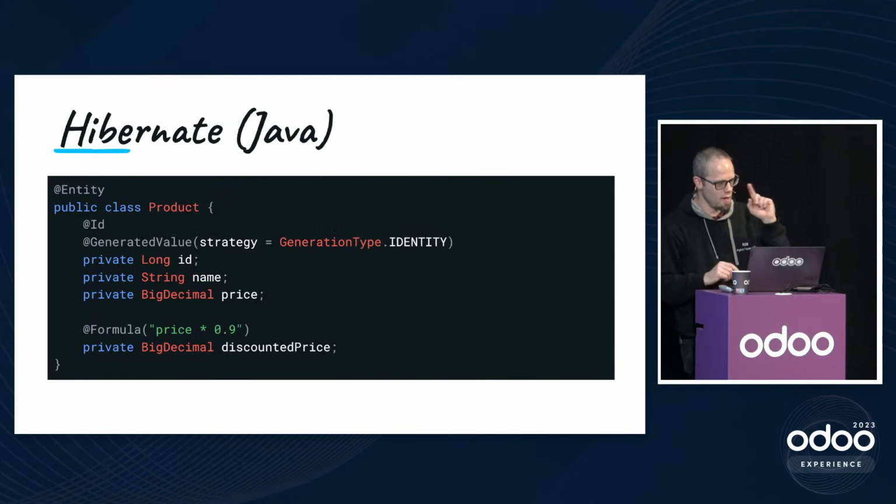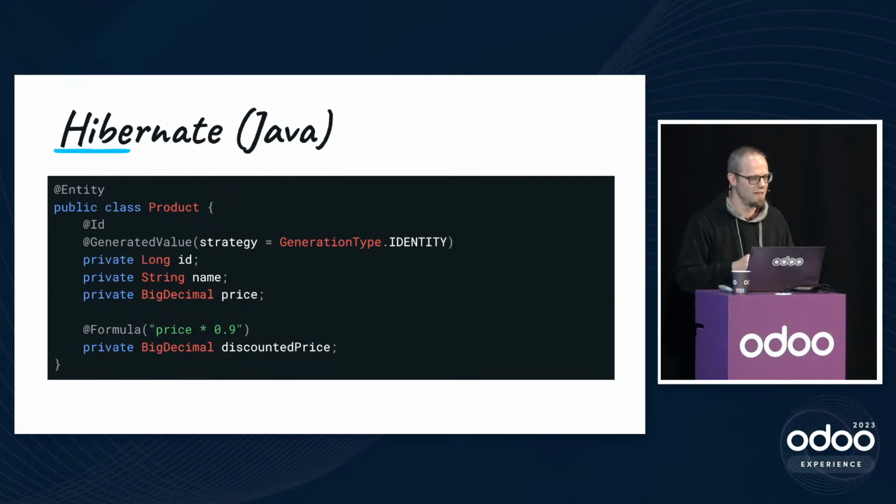But in Hibernate, you have the possibility to define a field defined by a formula. And what the formula is, it's actually an SQL expression. So we're already somehow a step above the simplest version below.